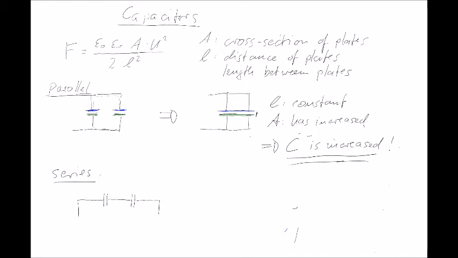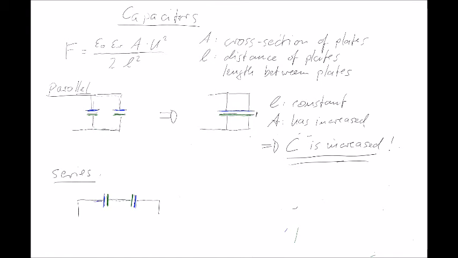Again, this is the one plate, this is the other plate, and this one is connected to this one. So they are acting as basically the same plate, and that one is opposing this one.